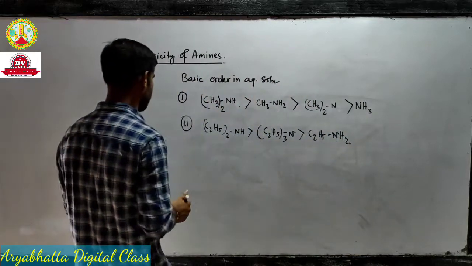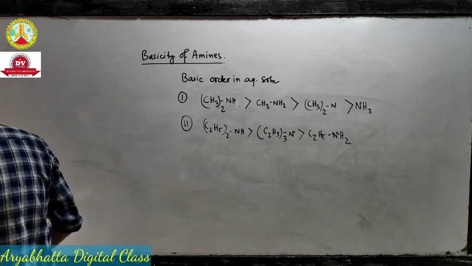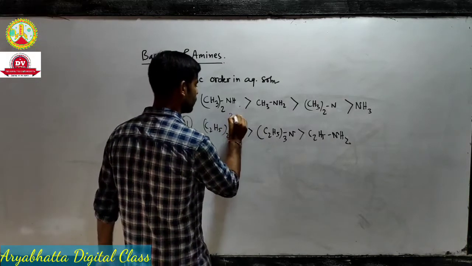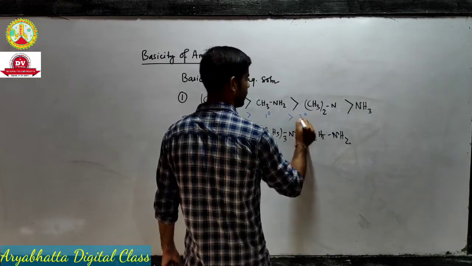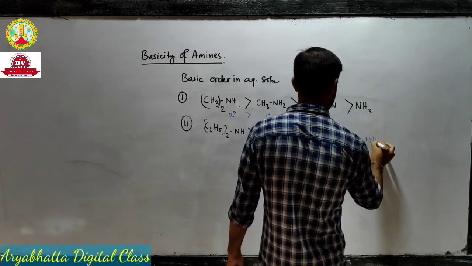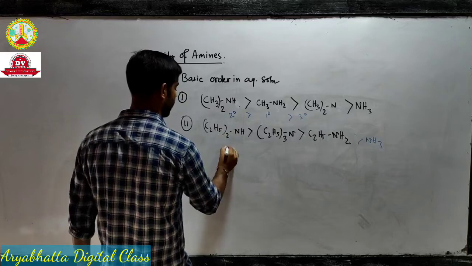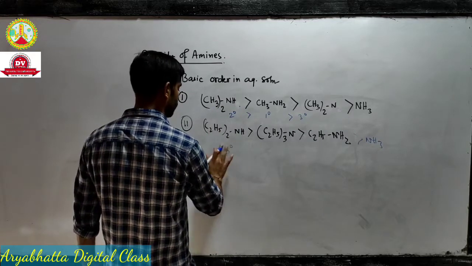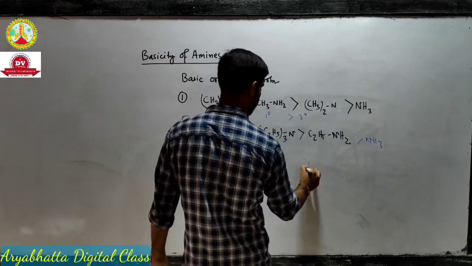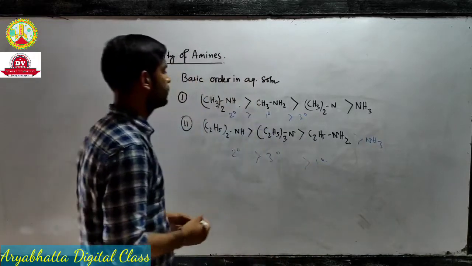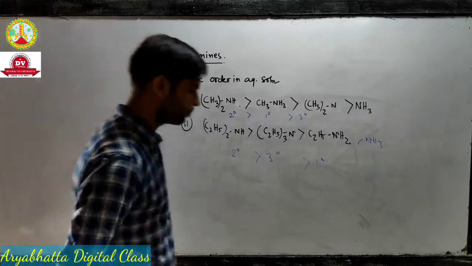That means I have to separate it: 2 degree, 1 degree, 3 degree, and then ammonia. And in the next case, for any group except methyl, it will be 2 degree, then 3 degree, then 1 degree. So this is the basic order.